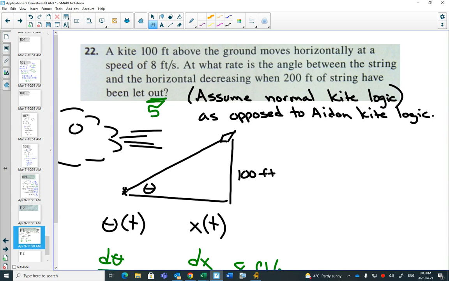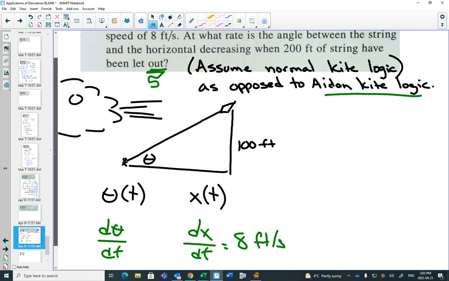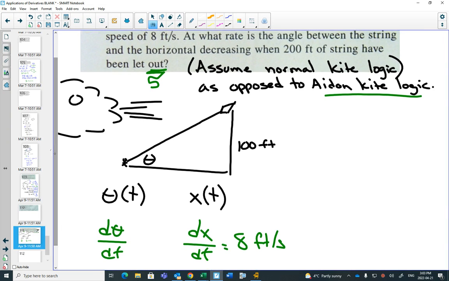If you were bringing it in, then more than 200 would have been let out. 200 having been let out doesn't mean you're not bringing it in. Anyways, we have 8 feet per second for dx dt.